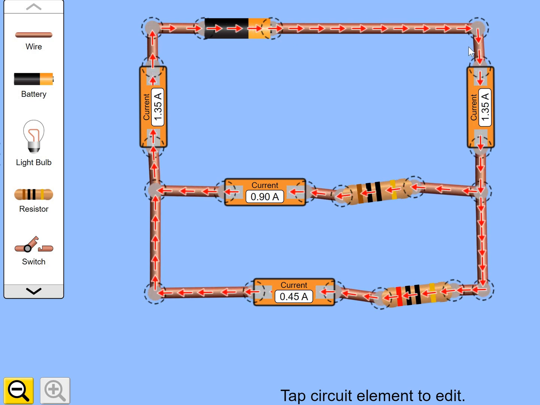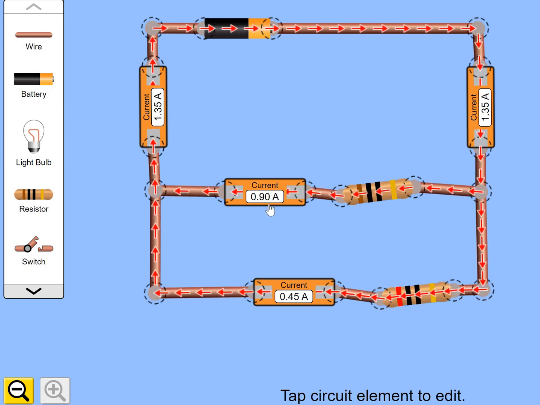But let's have a look here now. This top branch, we have got less resistance, so more current can flow through. 0.9 amps flows through this branch, but because this resistor has a higher resistance, it means less current flows, in fact half as much, 0.45 amps.